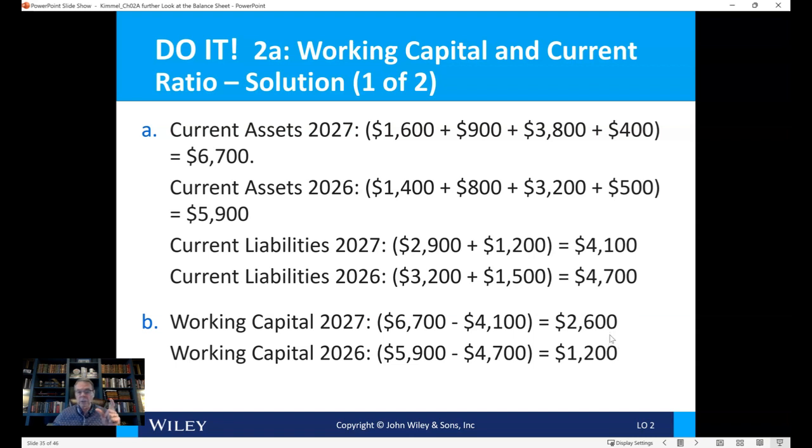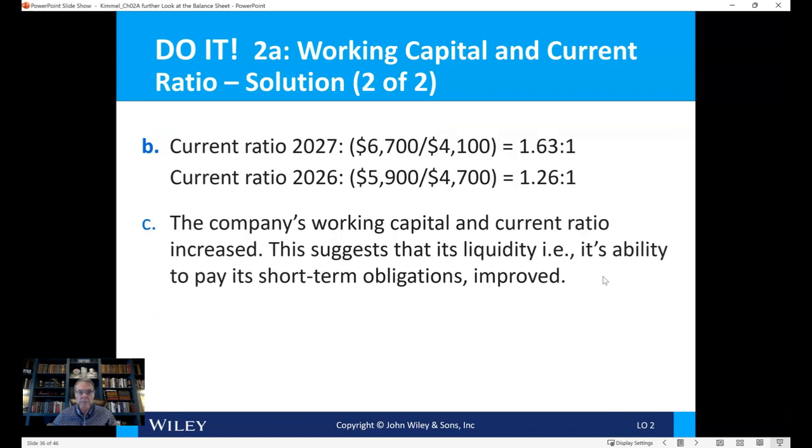So the spread between current assets and current liabilities has increased from one year to the next. Again, in 2026, we had $1.26 to pay for every dollar of current liabilities. In 2027, we had $1.63 to pay for every dollar in current liabilities. So we are less risky, we're more solvent, we have an easier time of paying for those current liabilities.